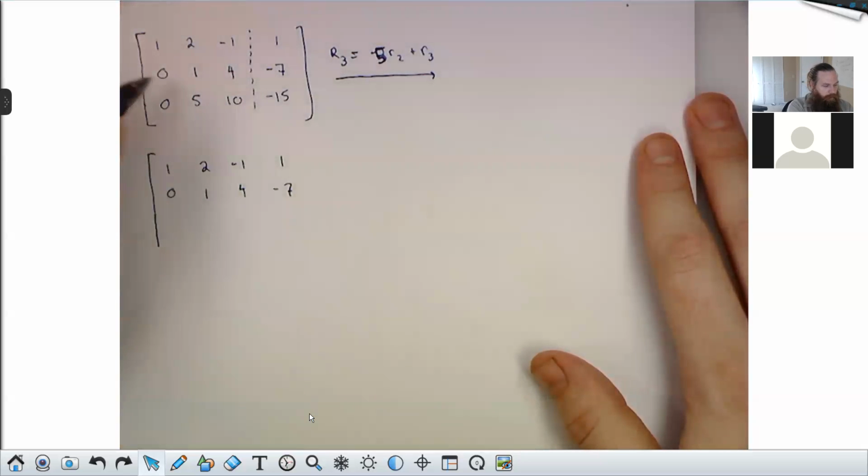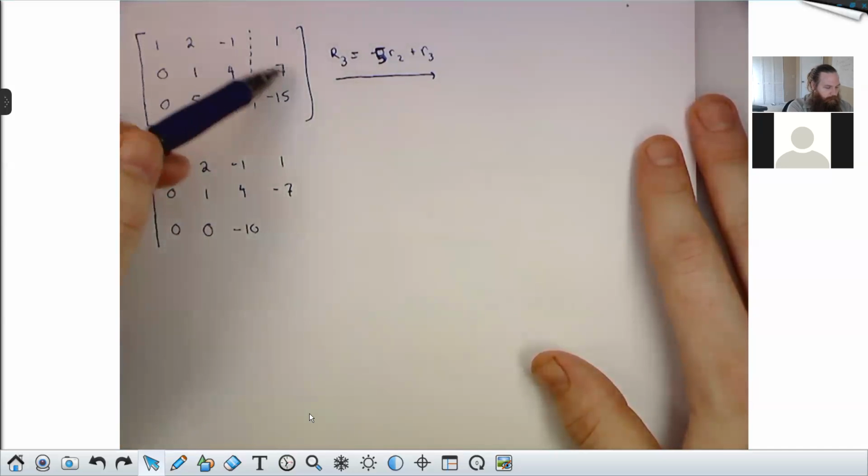Okay. So 0 times -5 is 0. 0 plus 0 stays 0. That's why it's so important that we made this 0 before. Otherwise, when we go to kill this, I would be messing up this position. 1 times -5 is -5. -5 plus 5 is 0. 4 times -5 is -20. -20 plus 10 is -10. -7 times -5 is +35.